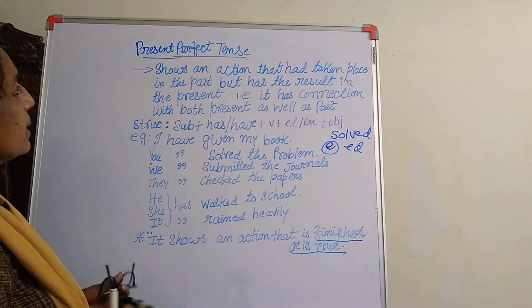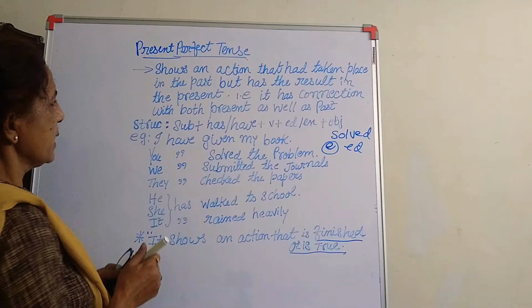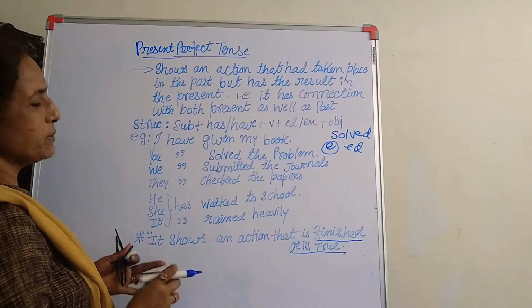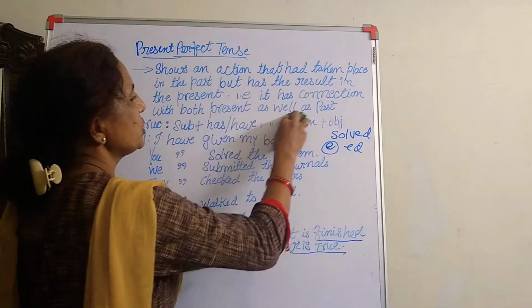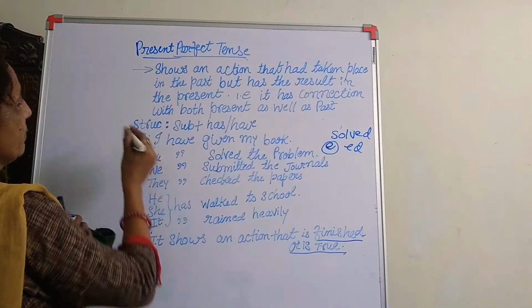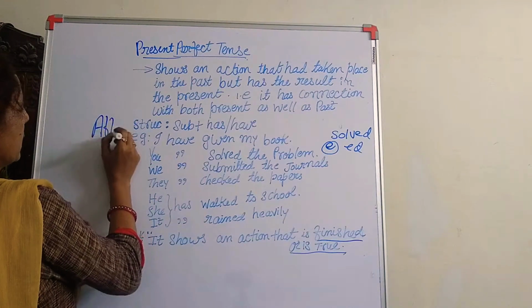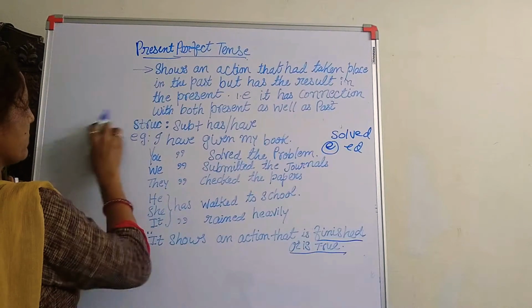Now, let's see present perfect tense in negative sentences. A slight change is there. Okay. What is that? I'll just show you here in the structure. Subject as it is, has or have will be there. The only change will be in case of negative. These are all affirmative structures, and earlier it was the affirmative structure.